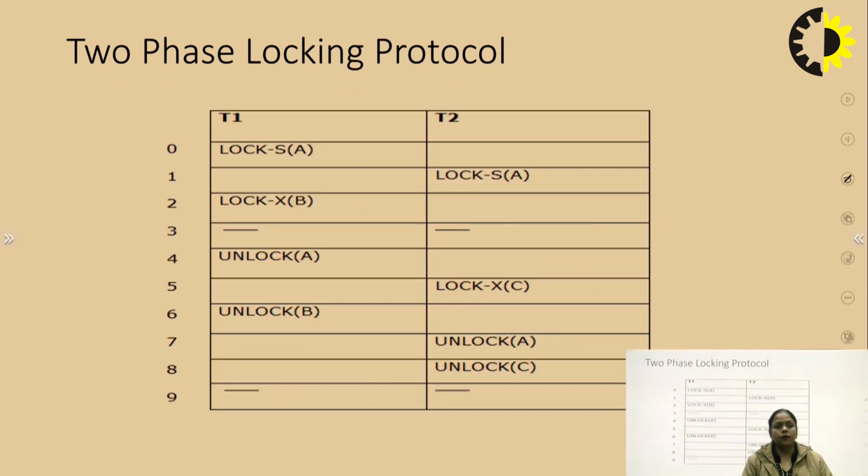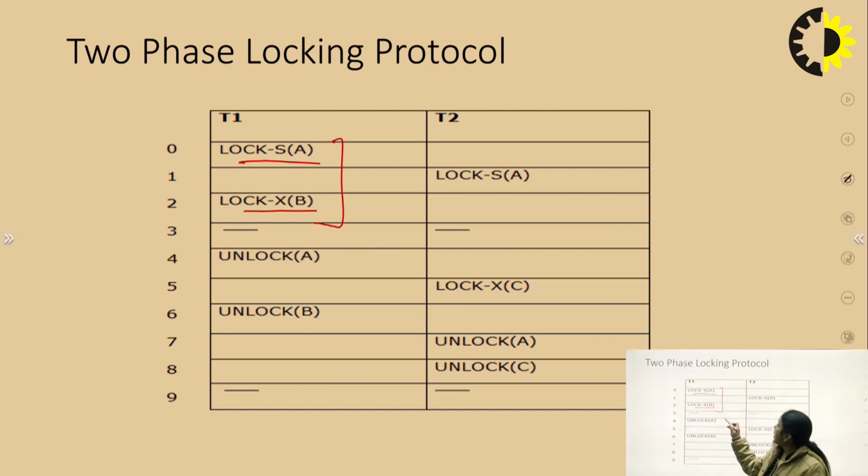Now, with the help of this schedule, you can understand the concept of two-phase locking. You can see here, this is transaction 1 where data item A is locked in the shared mode. Next, another lock, and data item B is locked in the exclusive mode. So this is known as the growing phase of your transaction T1.